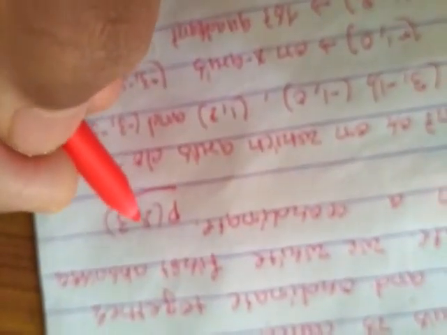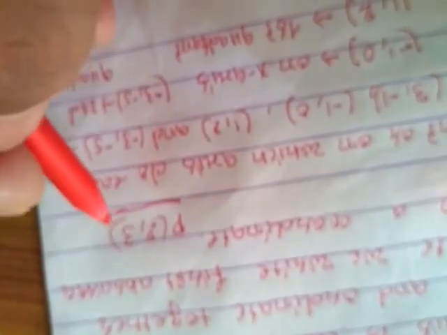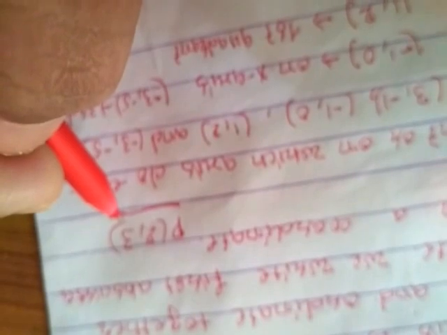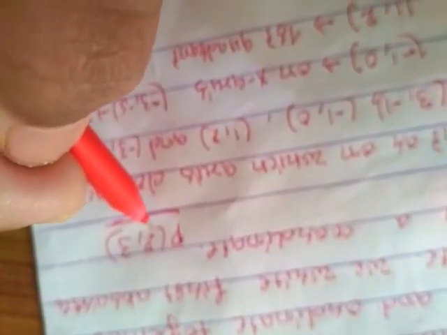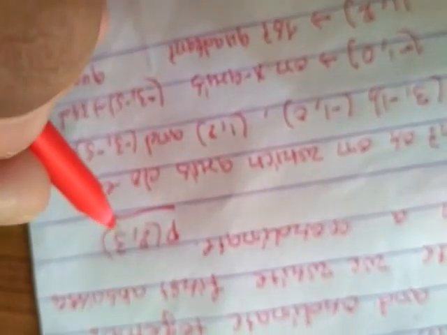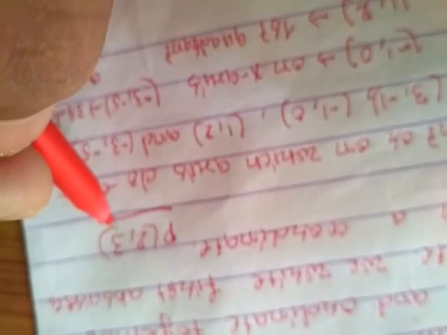It means that the first number, 2, is its abscissa, and the second, 3, is its ordinate. The first part is always the abscissa or x coordinate, and the second part is always the ordinate or y coordinate. It is clear. So this is the coordinate.